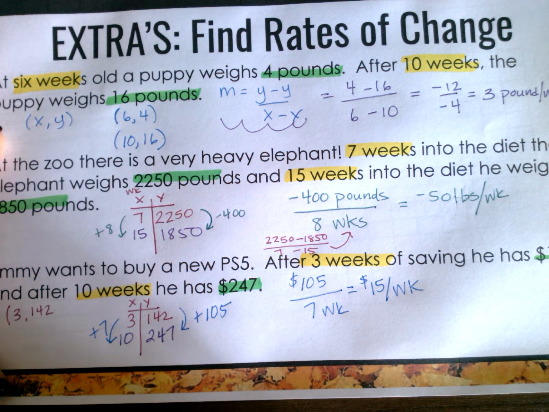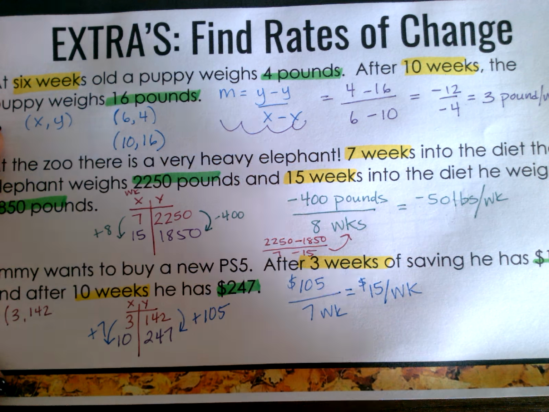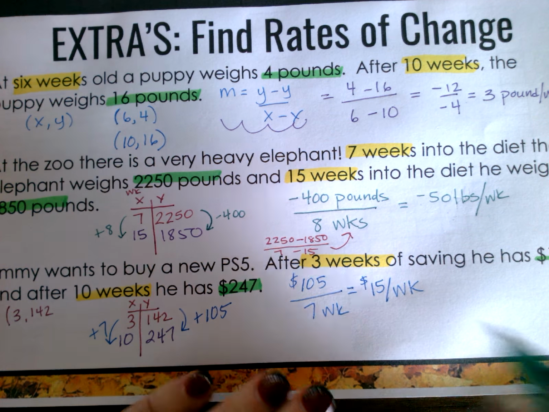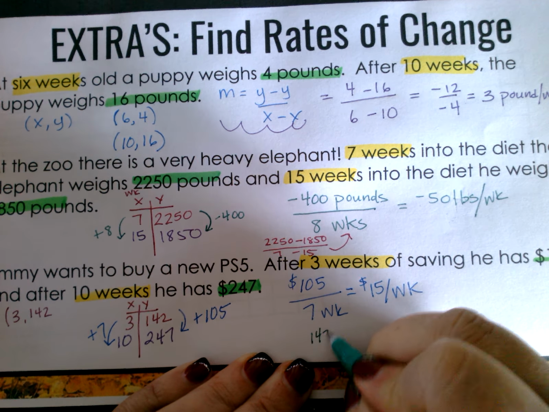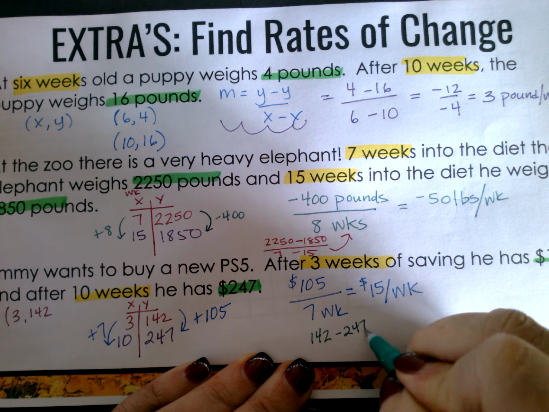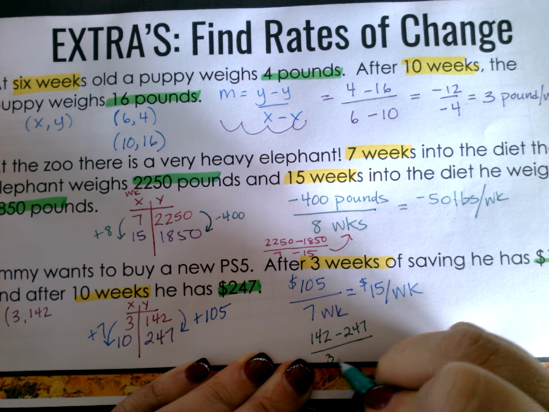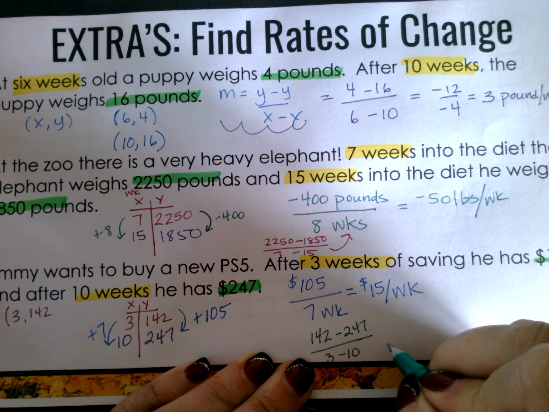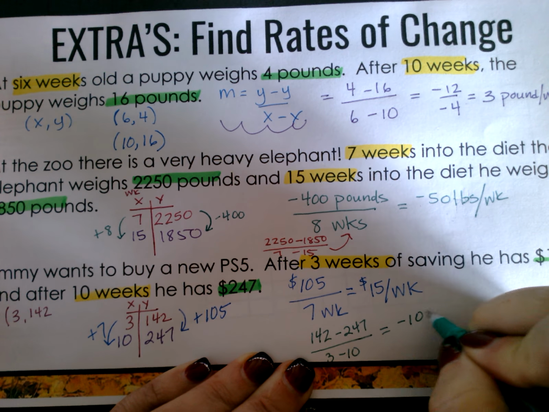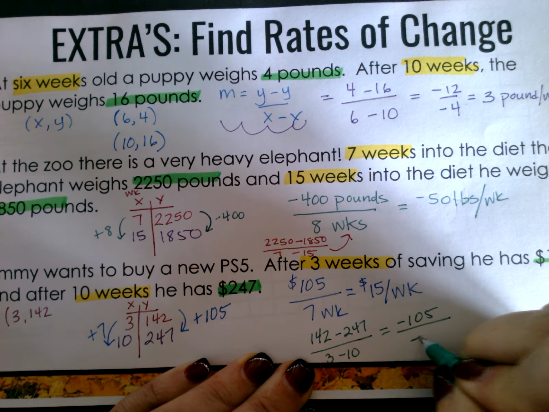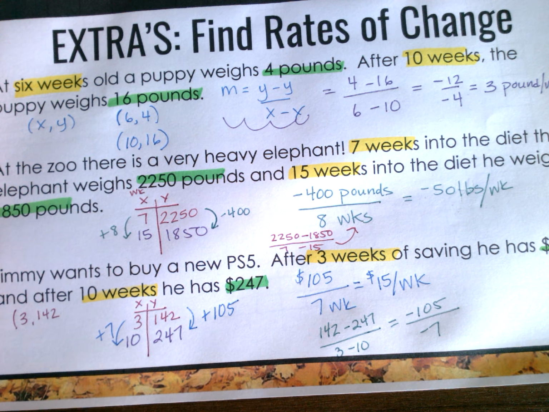Simplify that, I get $15 per week. Again, if you wanted to, you could do ordered pairs, and I would do the change in y over the change in x, and I would get negative 105 over negative 7, and I would arrive at the same solution.